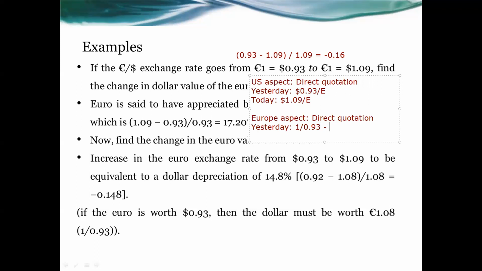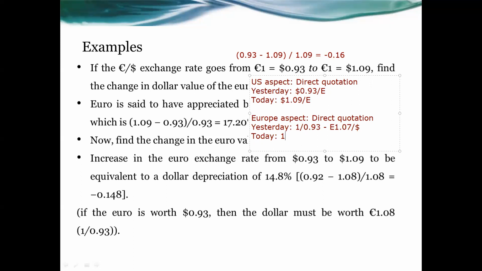It is getting like this, no? 1 divided by 0.93 equals 1.07 euro per dollar.